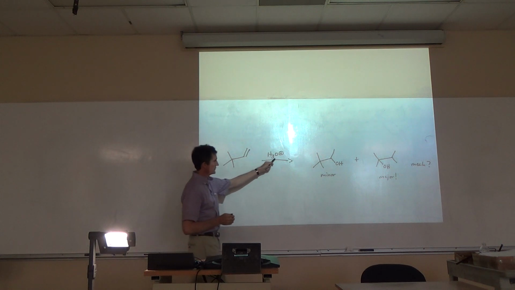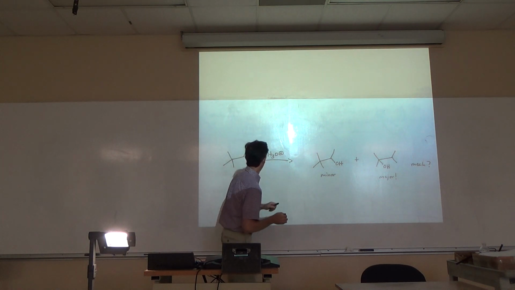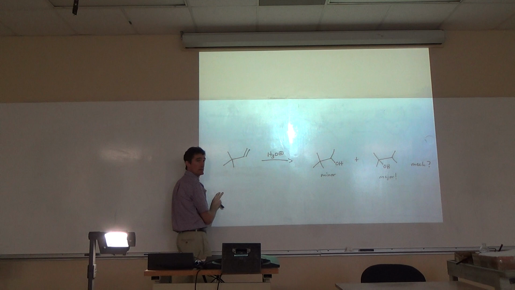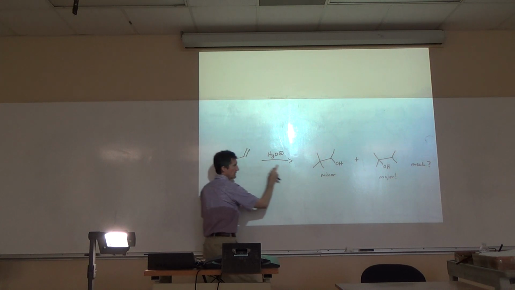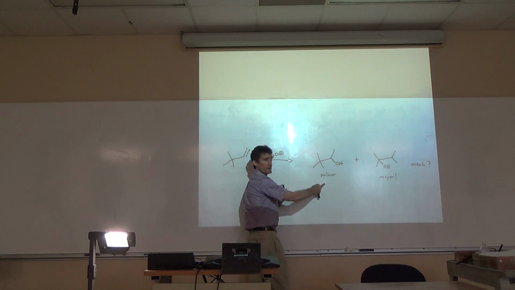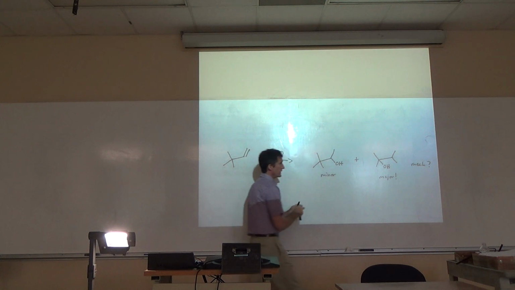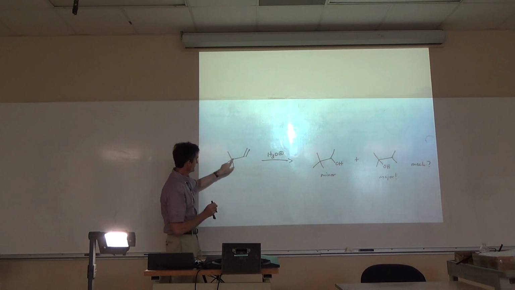Take this alkene and hydrate it with water and acid. Where are you going to make the cation? Top or bottom? Bottom, and then water adds. You lose a proton from oxygen, you get an OH here. Uh-oh, that's a minor product. Major product, the OH ends up on what looks like maybe over here.